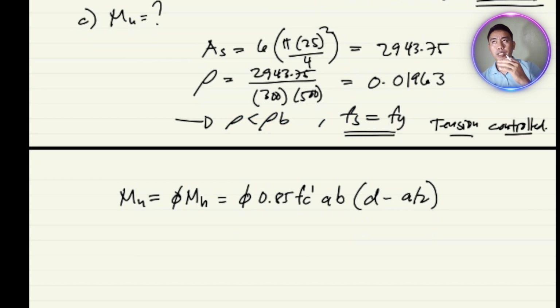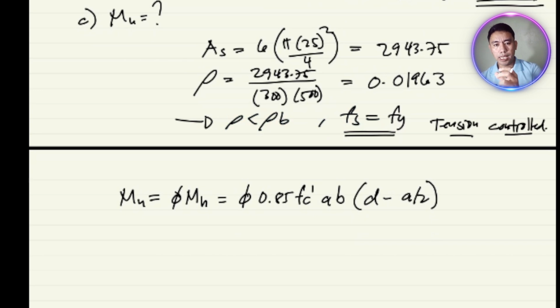Kasi nga sa couple, the weakest capacity, siya yung mag-identify ng maximum na kaya nila. Okay? So, let's say si concrete, kaya niya 100 kilonewton, si steel, kaya niya is 50 kilonewton lang.